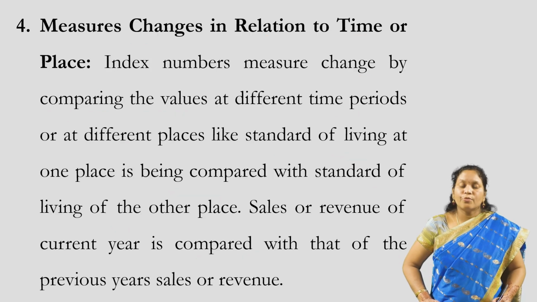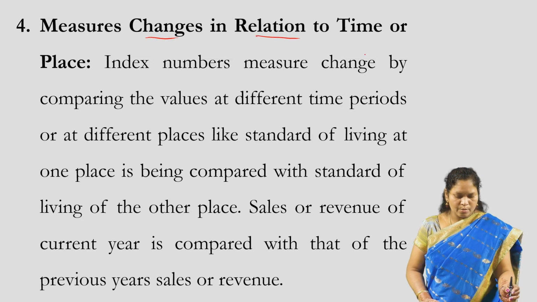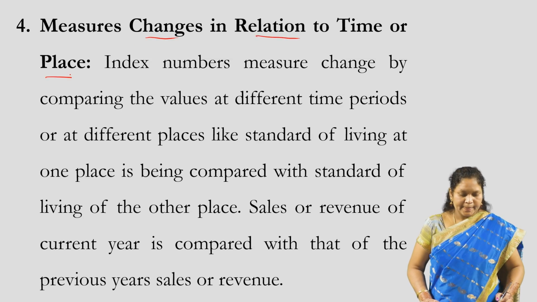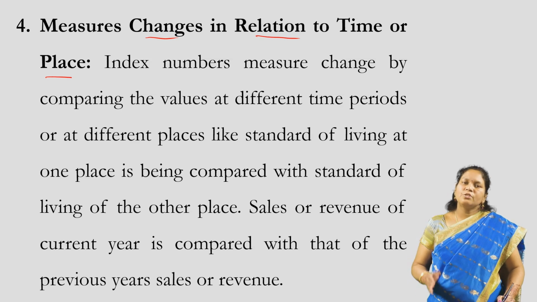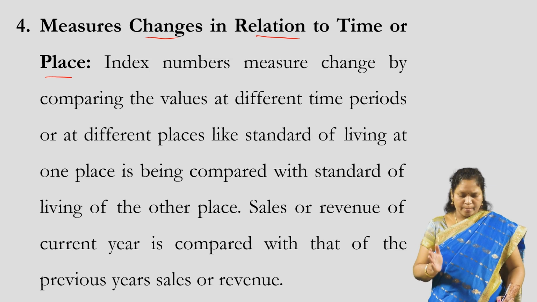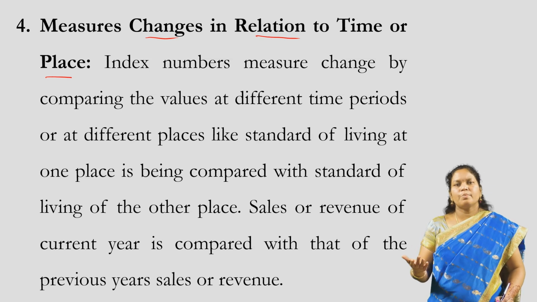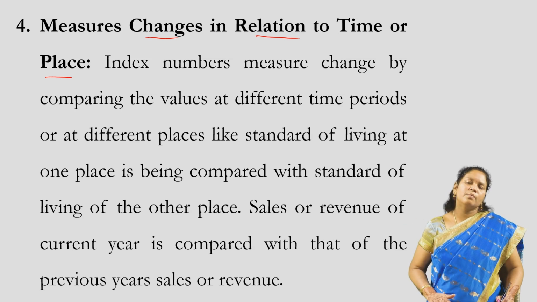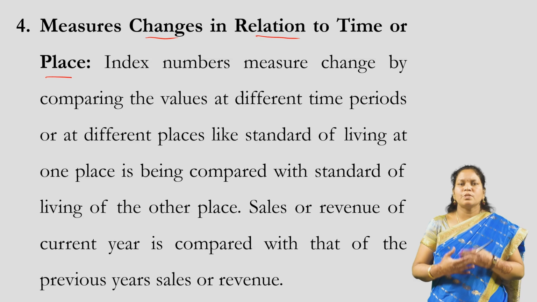Now let us go for the fourth point. Measures changes in relation to time or place. Whatever measures we are considering are based on time and place, and situations also will change. Many times index numbers are used to find out the changes in prices, like year after year how prices are going up or down, but based on the situations also.